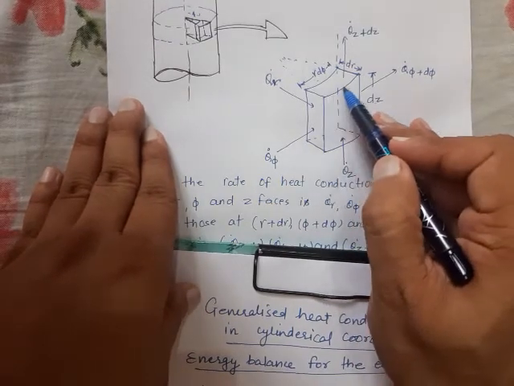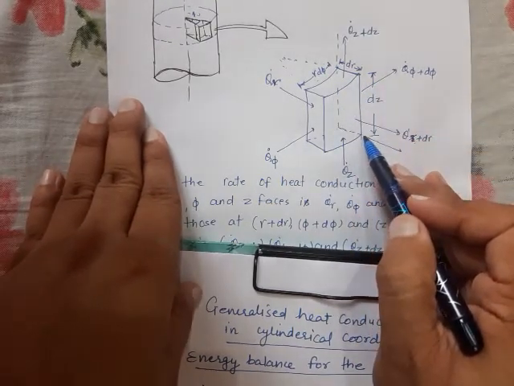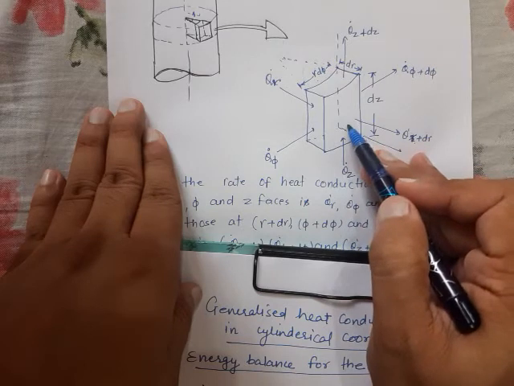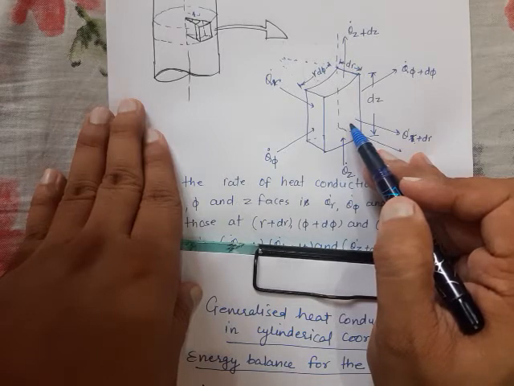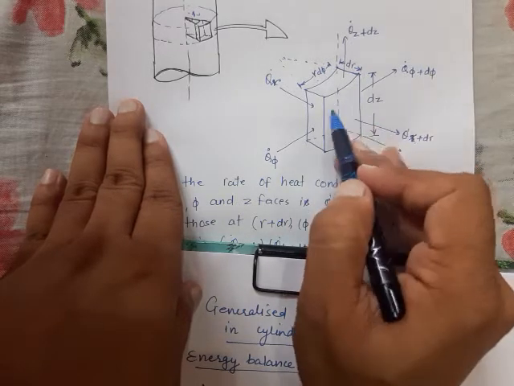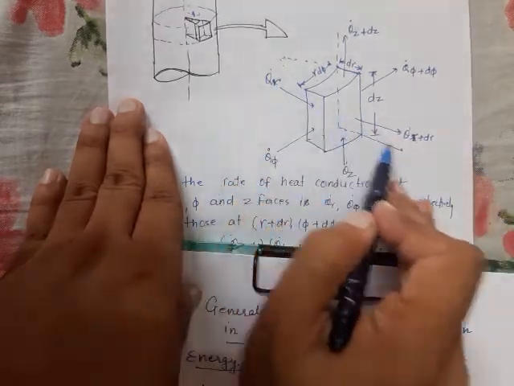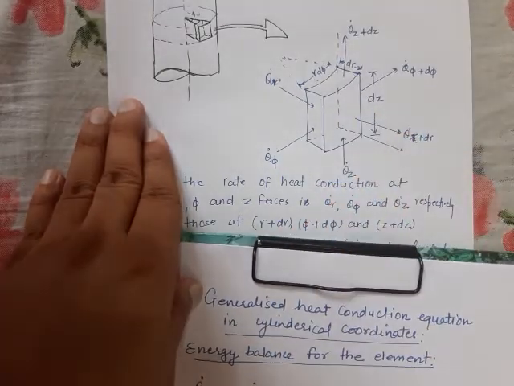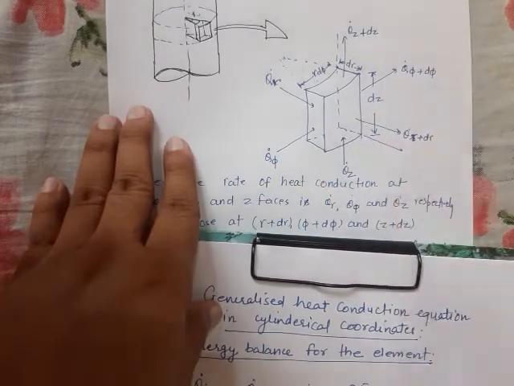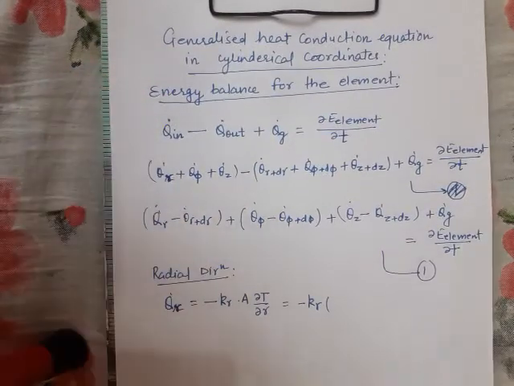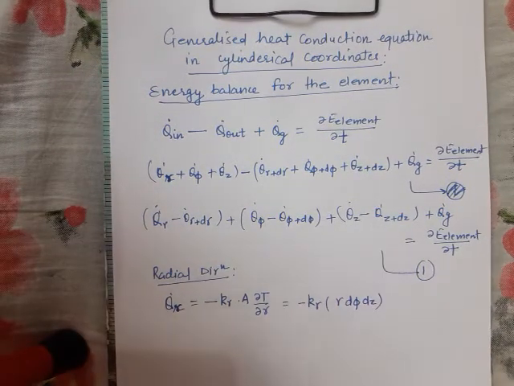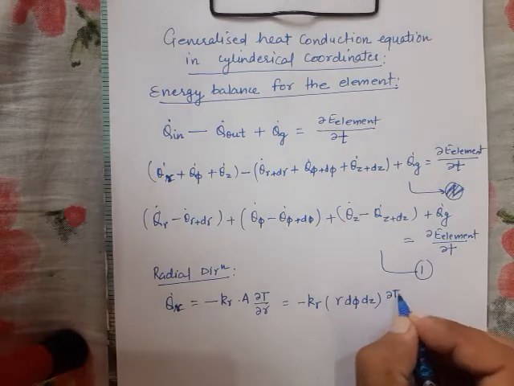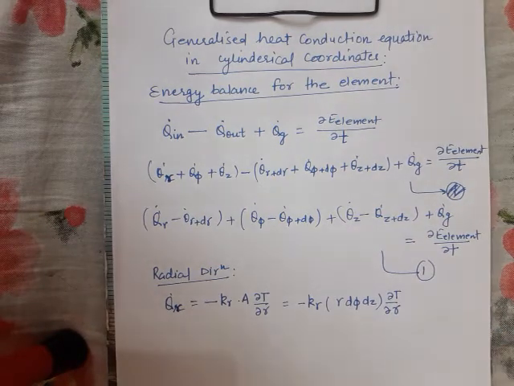In K A dT upon dR you have to take the area perpendicular to the direction of heat transfer. So Q R is minus K R, R d phi multiplied by dz, del T upon del R.